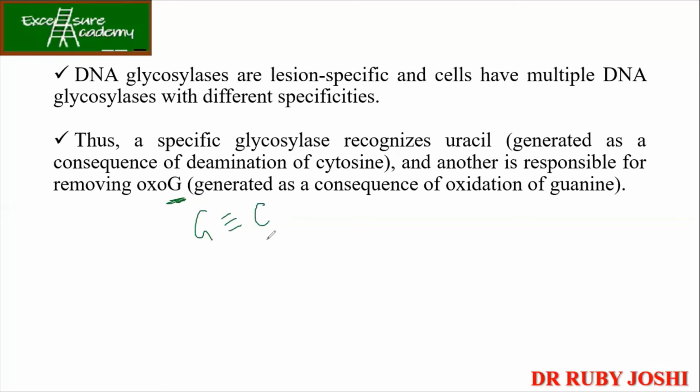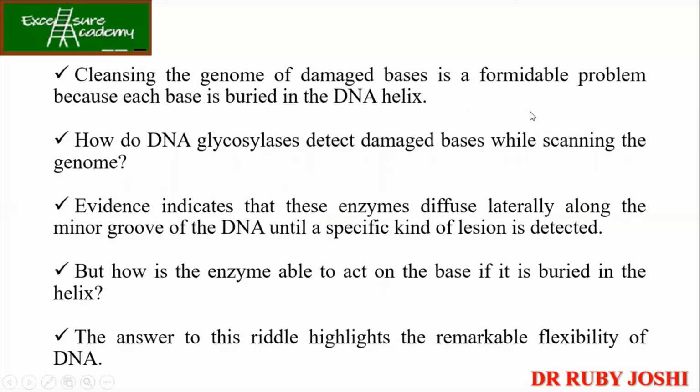But instead of C, it is going to base pair with T, because of which, instead of GC, you are going to have an AT transition. Please remember, that's why I told you to make a chart of it, like for oxo-G or deamination, which one will base pair with which. That is important.